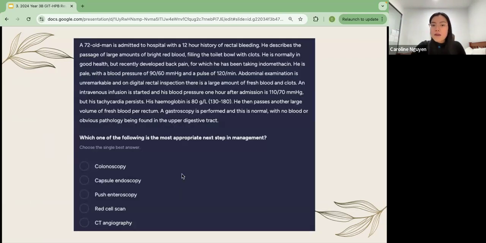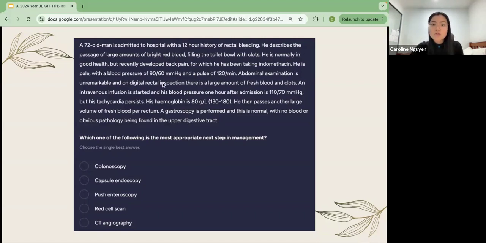Next one, 12 hours of rectal bleeding. So it's acute, bright red blood, large intestine, filling with clots. So the amount is so large that it's clotting in the toilet, but he is normally in good health. Okay, so it's probably not Crohn's, given no past medical history. Back pain, and he's taking NSAIDs for this.